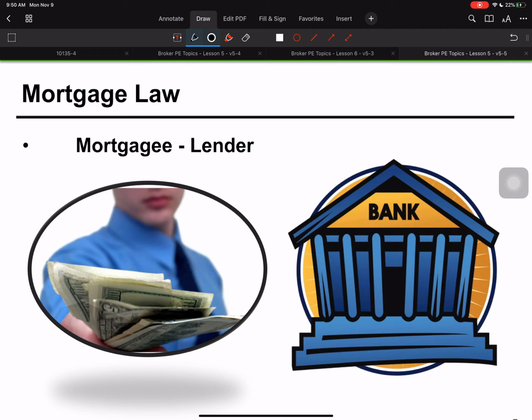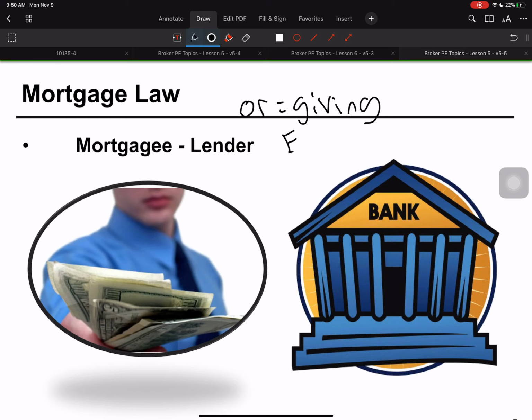When we talk about lenders, we find out that the lender is the mortgagee. One thing we learned in class was that anytime we see an OR, we are giving.